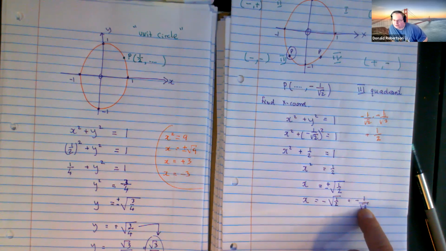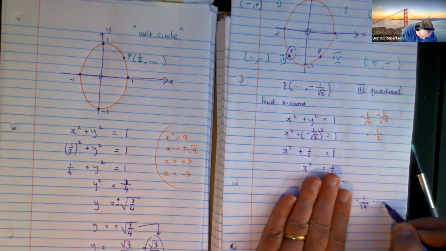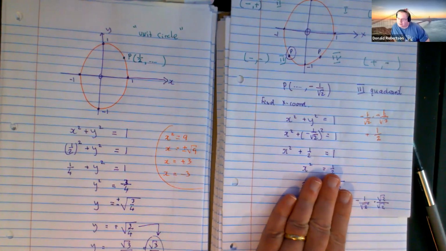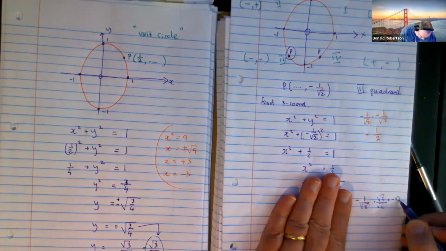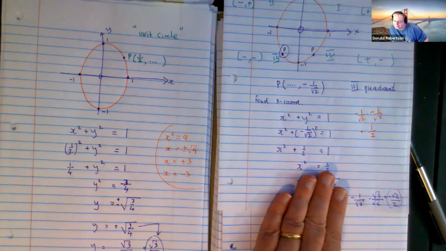We don't like square roots in the bottom, do we? So the special version of 1 would be that, right? Root 2 over 2. The 2 top guys get you negative root 2, and the bottom 2 guys get you 2. And there is your answer that you type in when you do your answer in WebAssign.